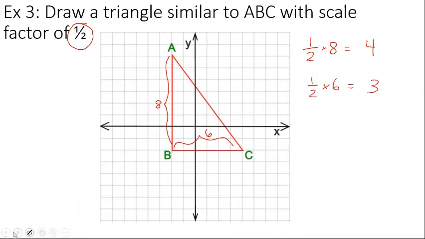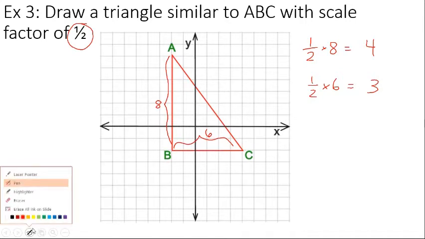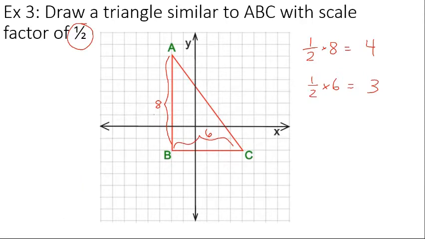Okay, so when I draw it, I'm going to do this in color. I want one that has a side of 4, so this is 8. Half of this would be 4, so I do 1, 2, 3, 4. So this would be A prime, B prime.